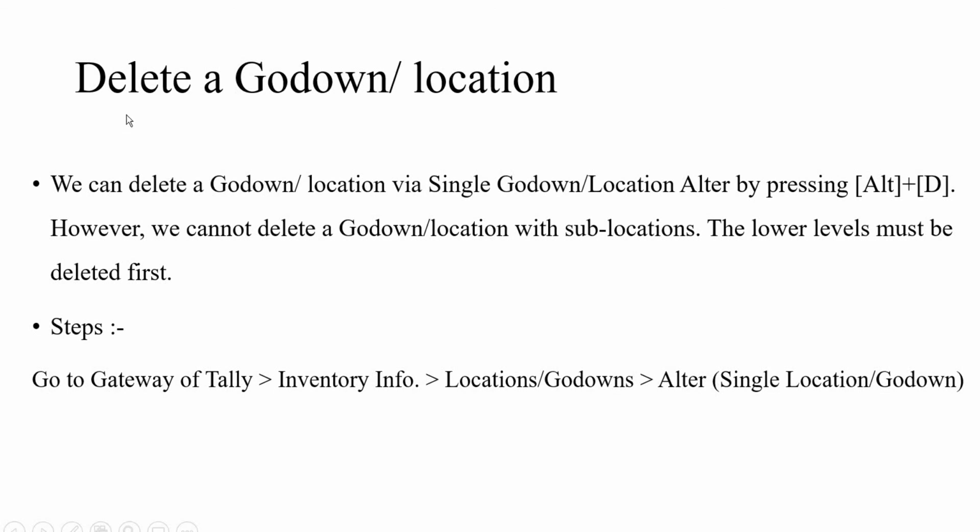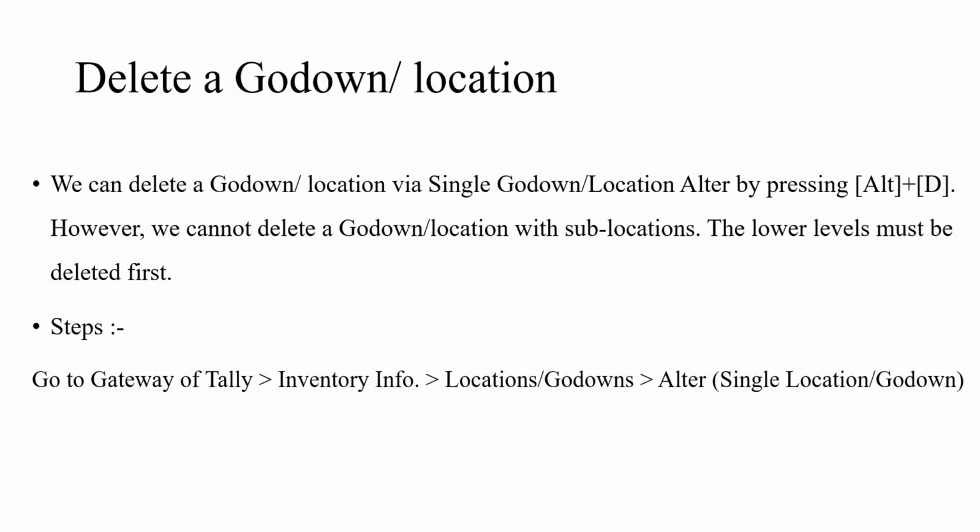The last one, that is how to delete a godown/location. Delete is possible only using the single mode, right? That too using the alter option. We can delete a godown/location via single mode alter option by pressing the shortcut key, that will be Alt plus D, Alt D to delete. However, we cannot delete a godown location with sublocations.